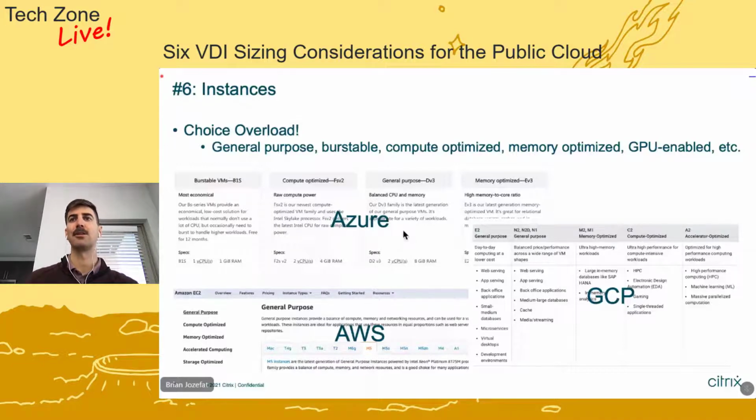I included some examples here for each of the main public clouds. We have general purpose, burstable, compute optimized, memory optimized, GPU enabled. How do you make sense of all these, and what should you ultimately deploy for your VMs? Fortunately, we have some general guidance based on what we've seen with customers over the last couple of years.